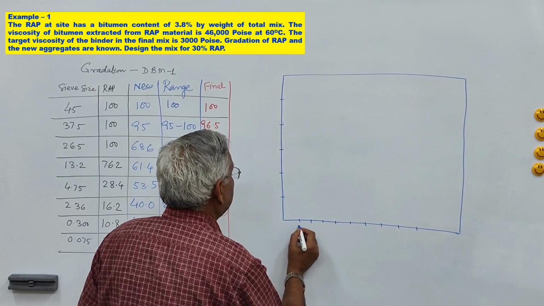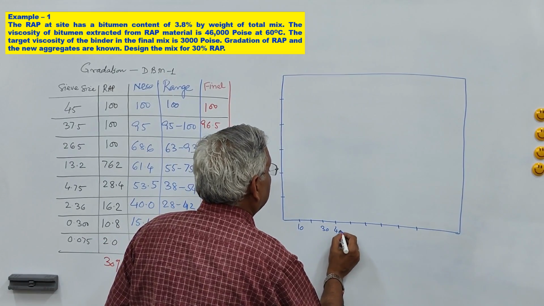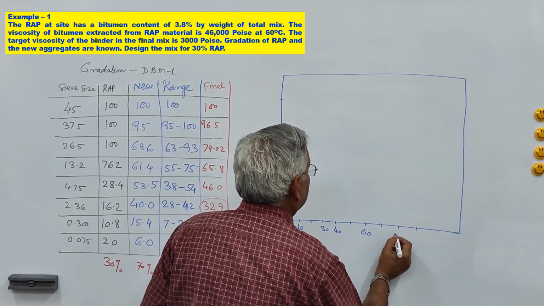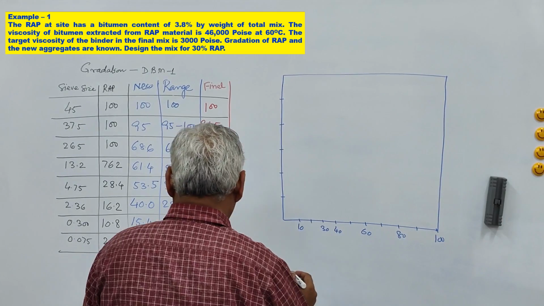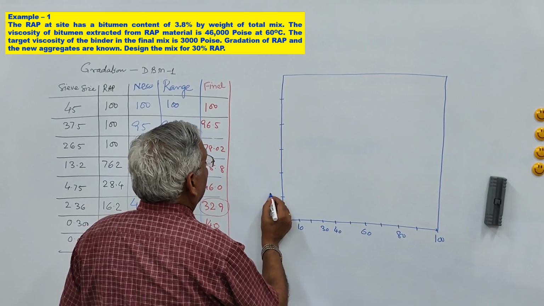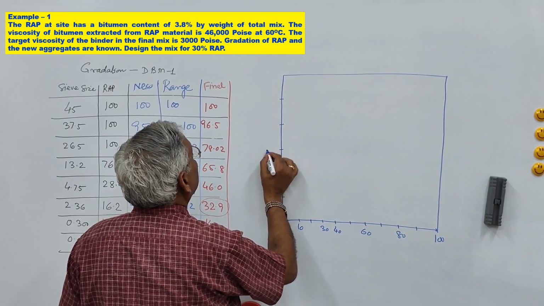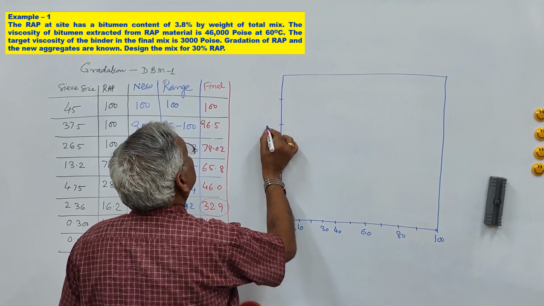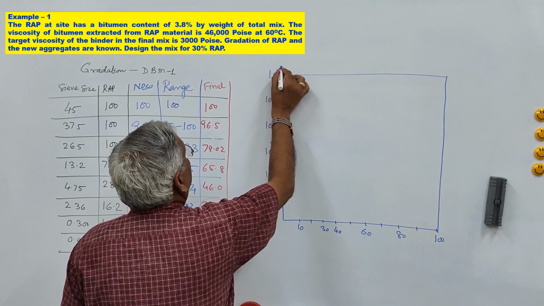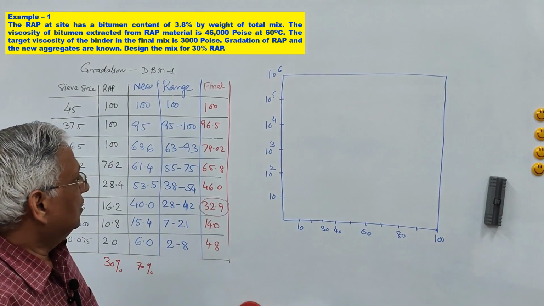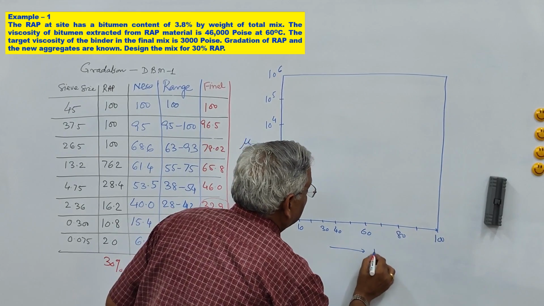So this is, let us say, 10, 30, 40, 60, 80 and 100. And on the y-axis 10, 100, 1000, 10 to the power 4, 10 to the power 5, 10 to the power 6. That is the viscosity at 60 degrees centigrade, and this is R.